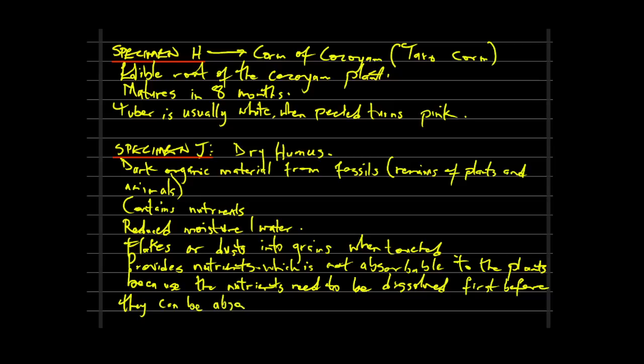So it is not that it doesn't have the nutrient, it has the nutrient, but because it does not have moisture in it, the nutrients will not be able to move into the plant.